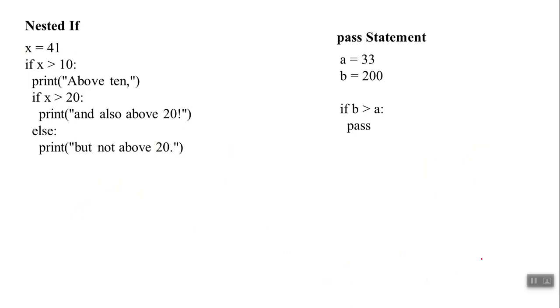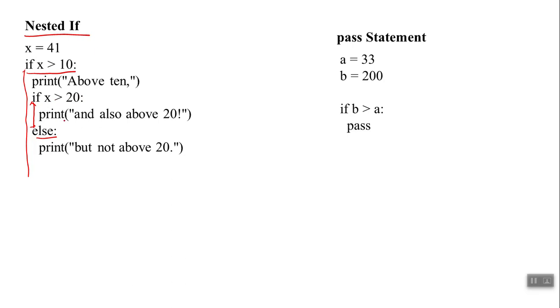Next, as I've told you, the nested if, an if inside an if. See here, if I'm checking whether x is greater than 10, print above 10. The condition is inside the if, and you can see the line of indentation, this and this are in the same line. The else part comes with the if which is x is greater than 20.